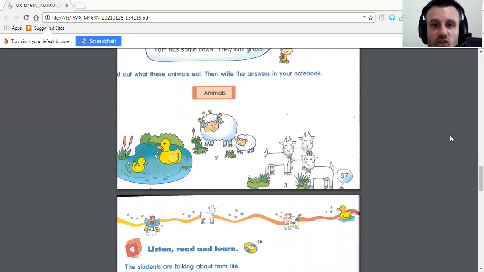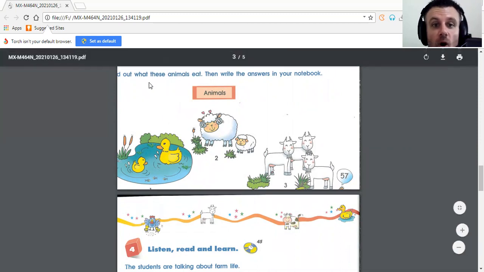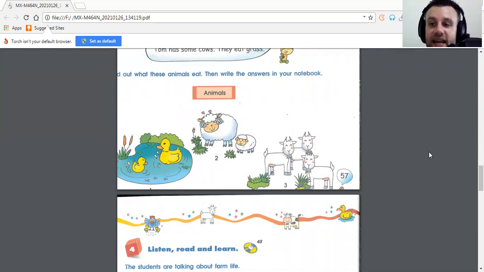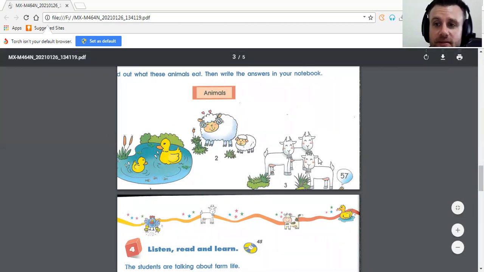The question is, what do these animals eat? They eat grass. All of these animals eat grass. The duck, the duckling, the sheep, the lamb, and the goat eat grass. So try to make the sentence and repeat after me.